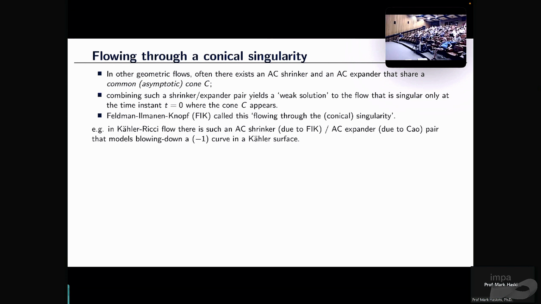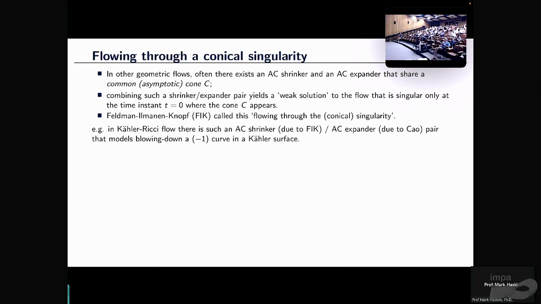Going back to Feldman, Illman, and Knopf, besides this in mean curvature flow, in other geometric flows it's a reasonably common phenomenon that there can be a common asymptotic cone which appears as the asymptotic cone of both a shrinker and an expander.